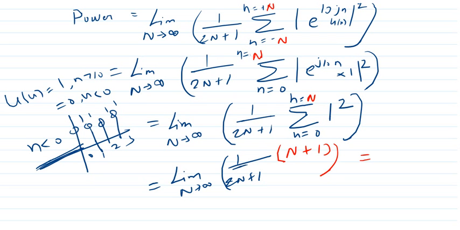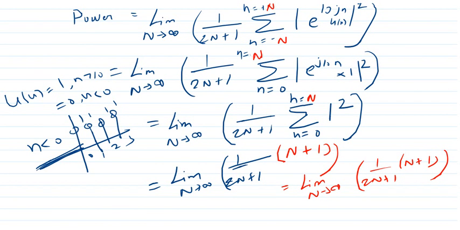So what is the final result? To apply the limit, we can divide the numerator and denominator by capital N. So the limit as N tends to infinity of 1 divided by 2N plus 1, times N plus 1.